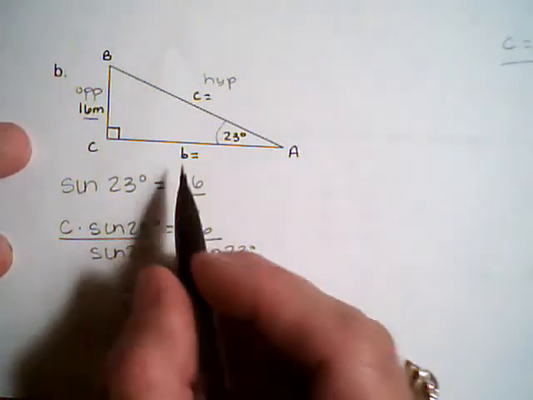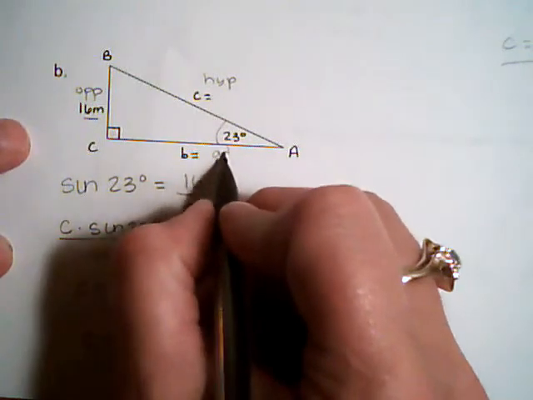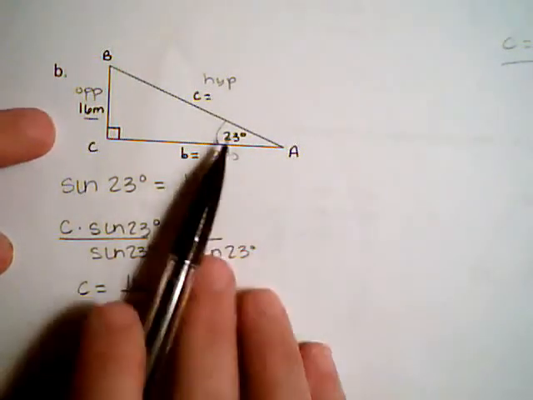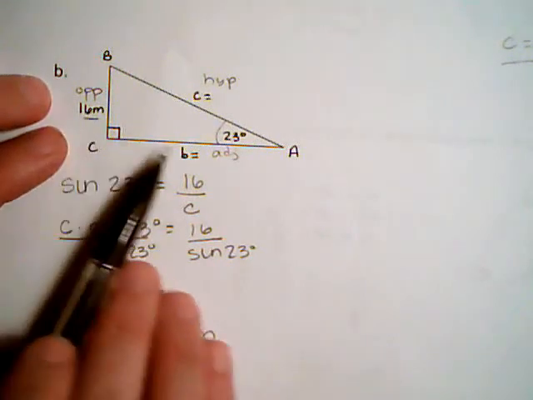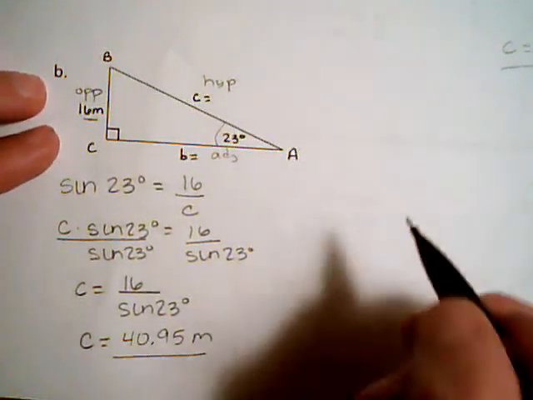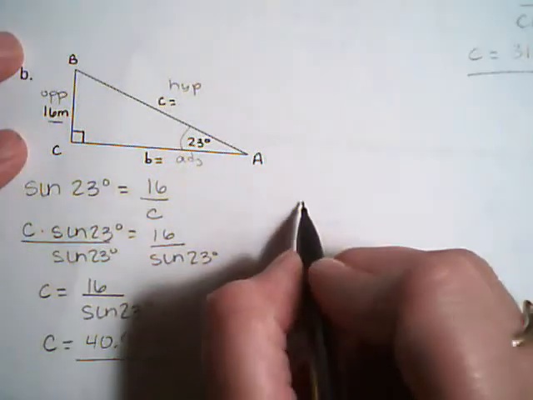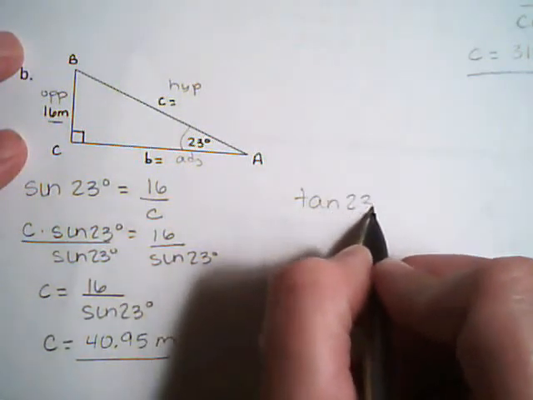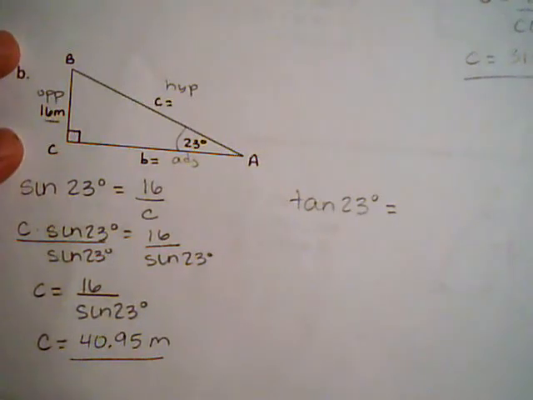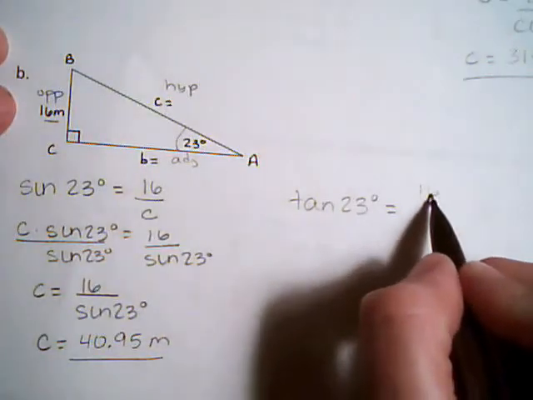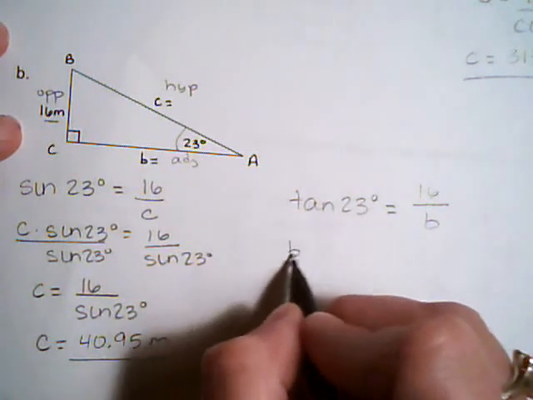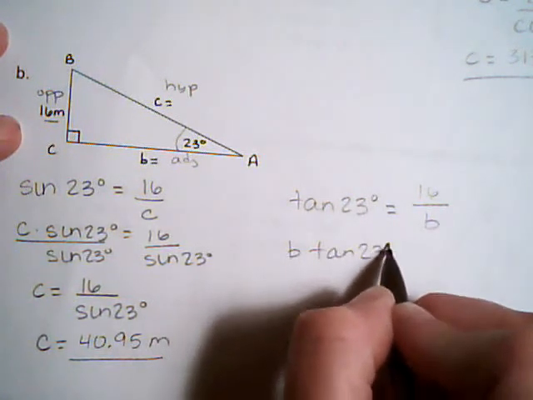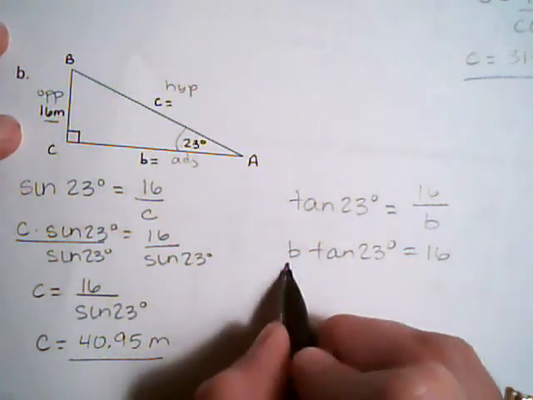Okay, then if I wanted to find B, that's adjacent to my 23 degree angle. So I'm going to stick with the side that's given. Opposite and adjacent would be tangent. So I could write an equation that the tangent of 23 degrees equals 16 over B. So again, I would have B times the tangent of 23 degrees equals 16.